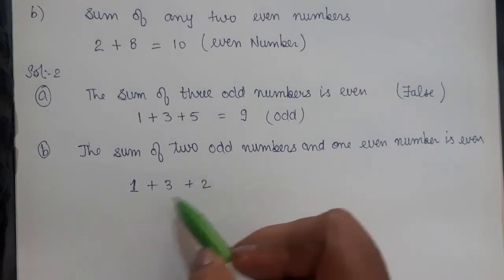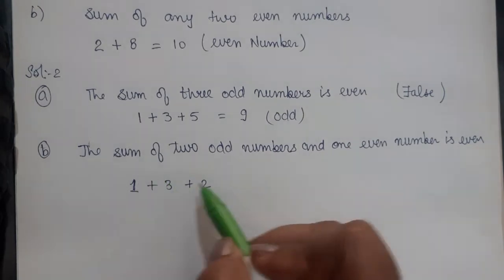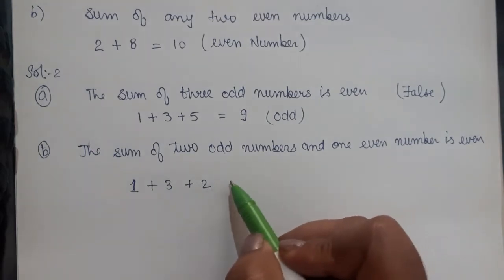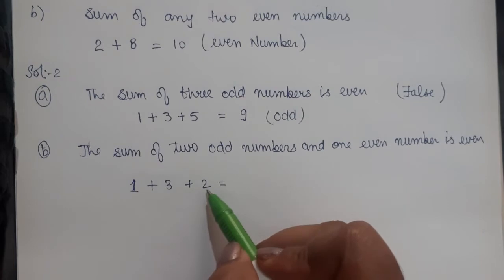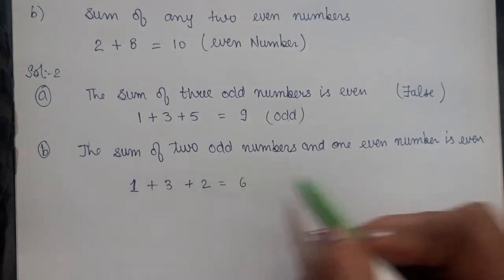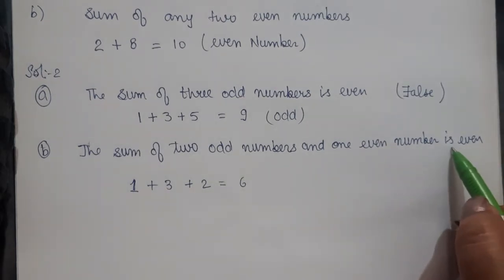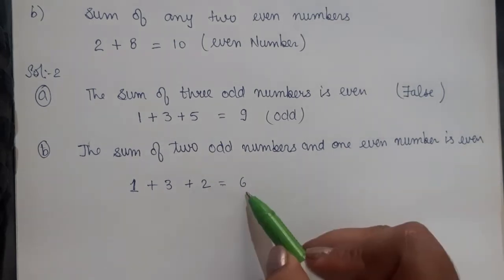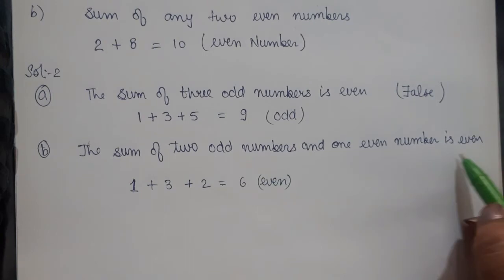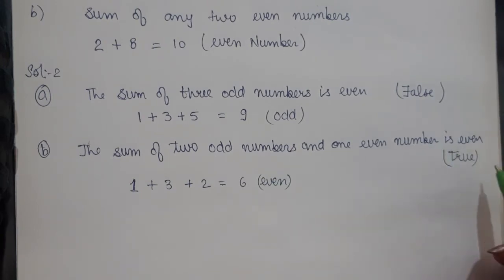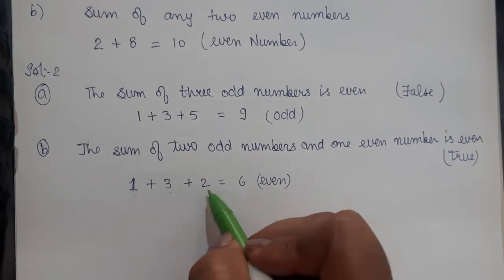These are odd and this one is even. So what will I get in the result? 1 plus 3 is 4, and 4 plus 2 is 6, which is even. So we are having an even answer again. This is a true condition. We are having a true statement because we have checked with odd and even.